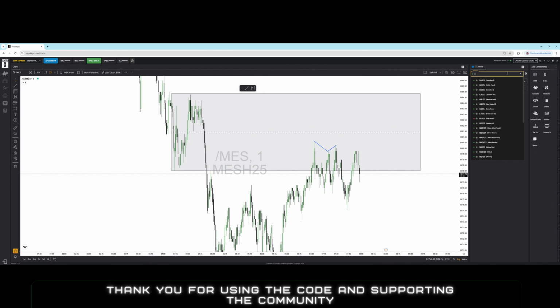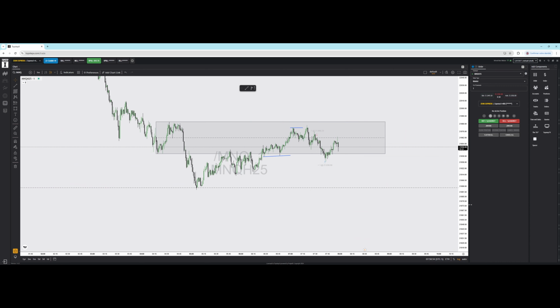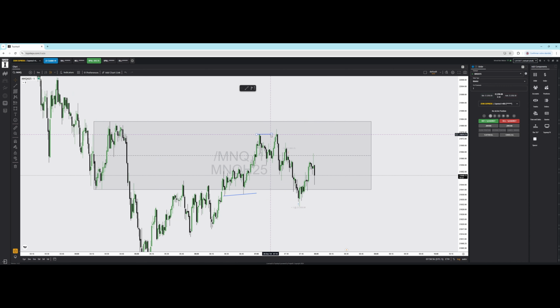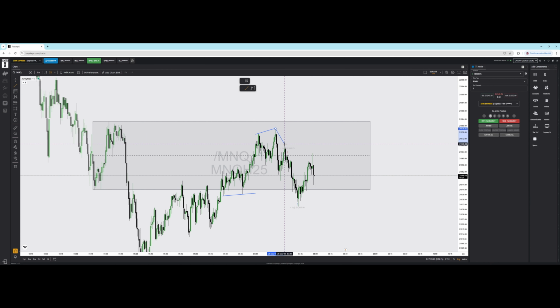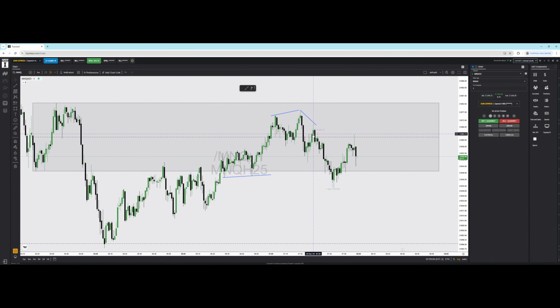So Nasdaq is in this case. So this is the first SMT, and this was the second SMT. As soon as I saw the second SMT, remember SMT without confirmation is nothing. SMT without a PD array is really nothing.